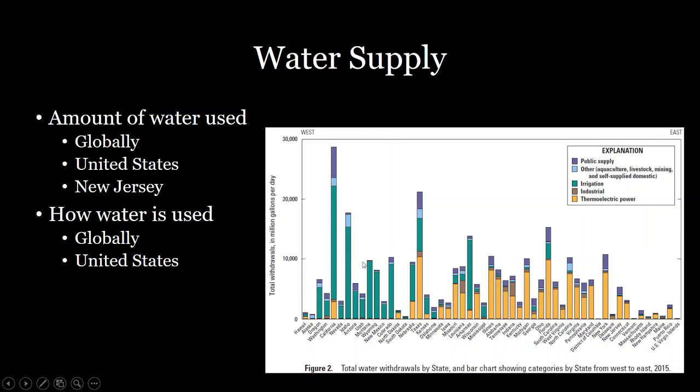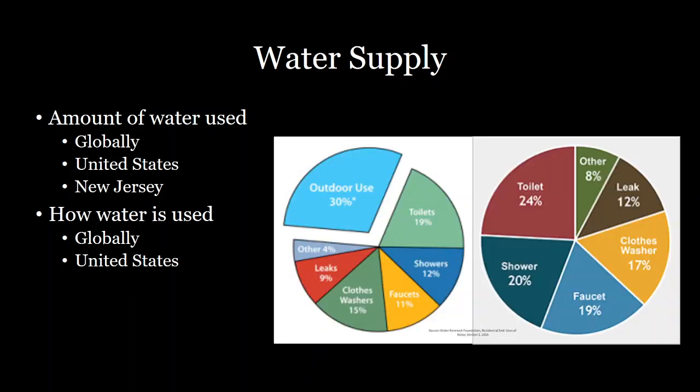And most western states devote nearly all, or at least a large proportion, of their water to irrigation and farmland, whereas much more water goes to thermoelectric power generation on the East Coast in the Midwest. And so you can just see how different geographies might affect how we distribute our water and how we allocate it.